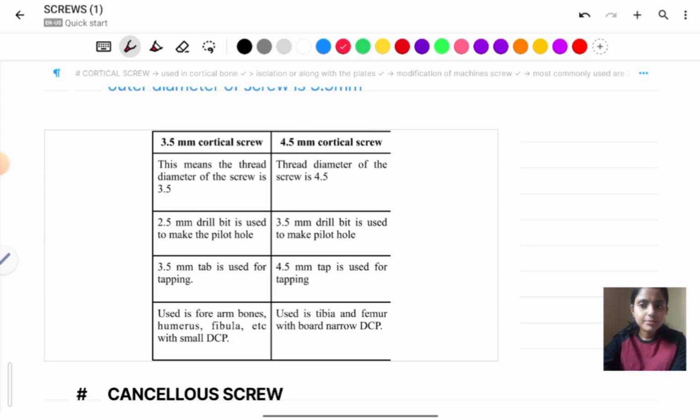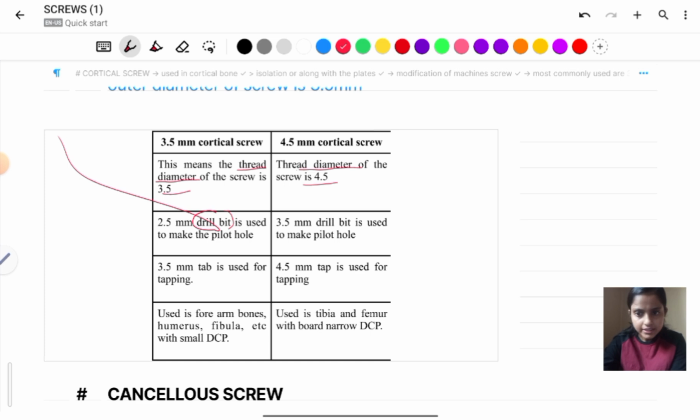Now the difference between 3.5 mm cortical screw and the 4.5 mm cortical screw. 3.5 mm cortical screw means that the outer diameter of the thread is 3.5 mm, and 4.5 mm cortical screw means that the outer diameter of the screw is 4.5 mm.